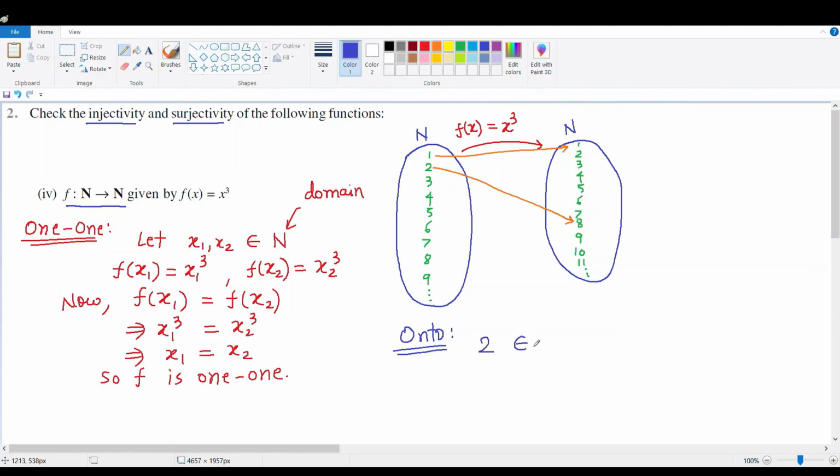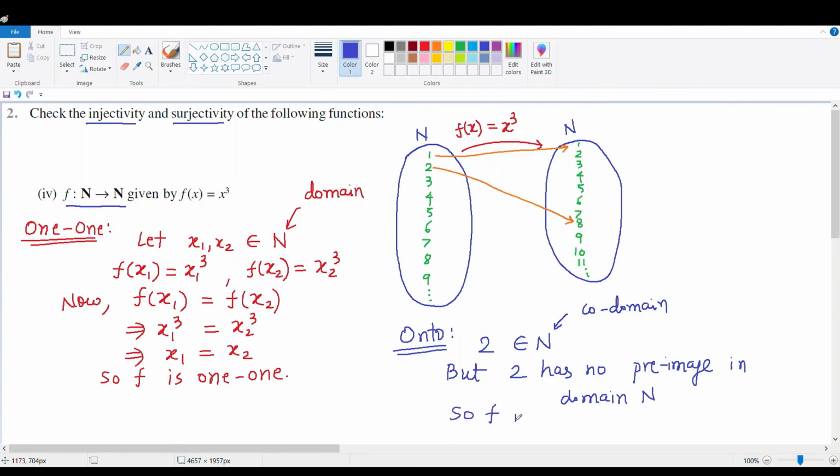Here we are talking about the codomain, and 2 is there in this codomain, but 2 has no pre-image in domain N, so f is not onto.